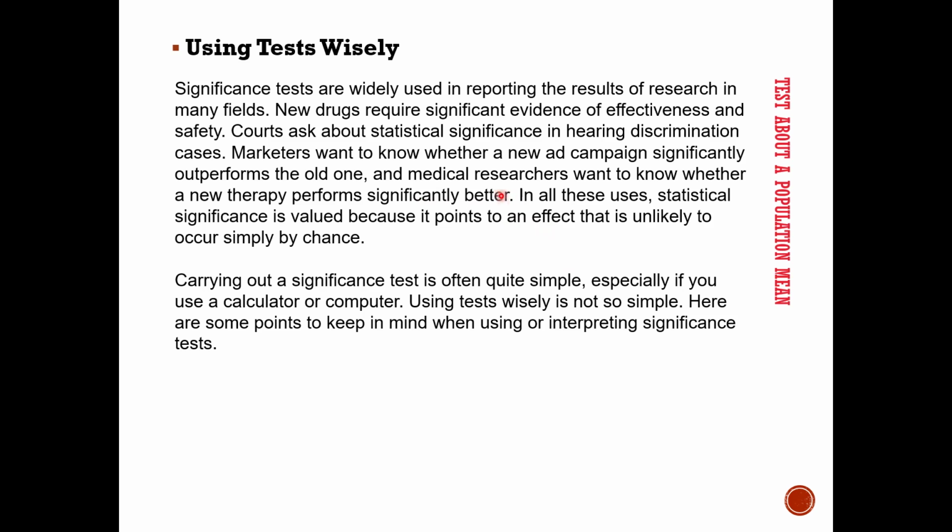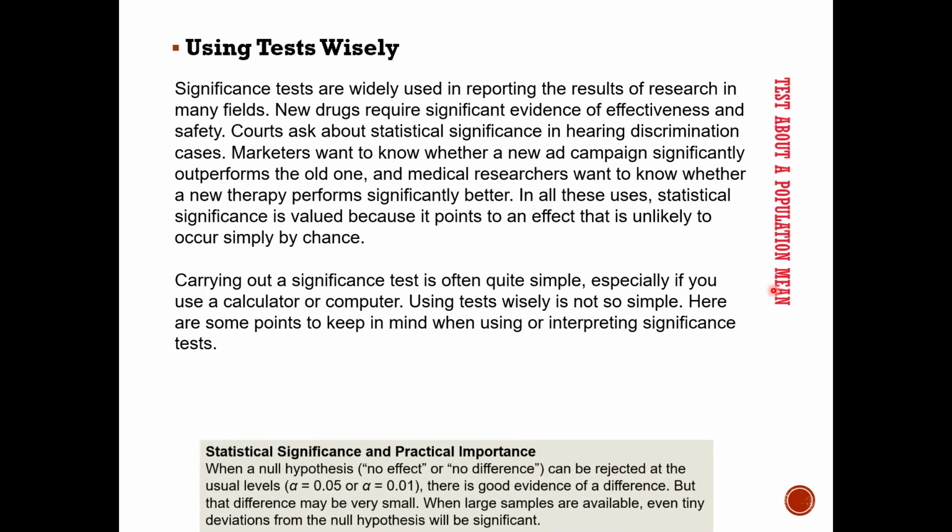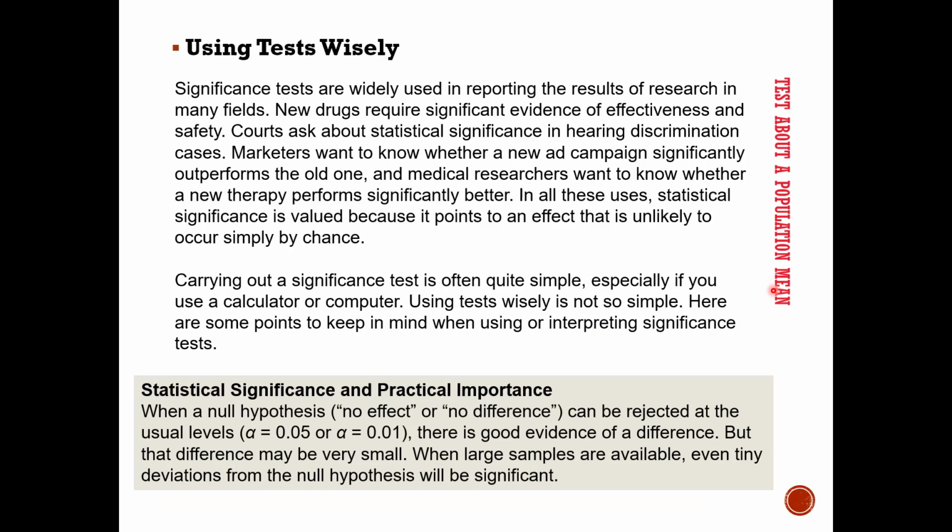And whether it's just as good, you want to look for safety concerns too. In all these uses, statistical significance is valued because it points to an effect that is unlikely to occur simply by chance. And of course, you can modify your alpha level to determine what that chance of something happening randomly actually is.